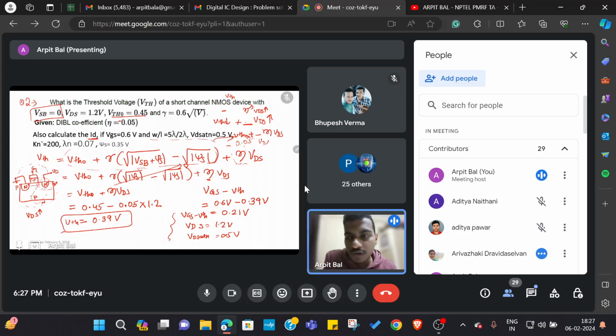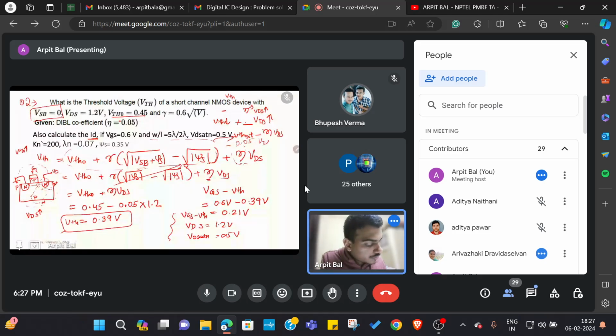If it is forward biased, then the depletion region width is going to decrease, and if it decreases, then I can effectively say that the VTH is going to increase.